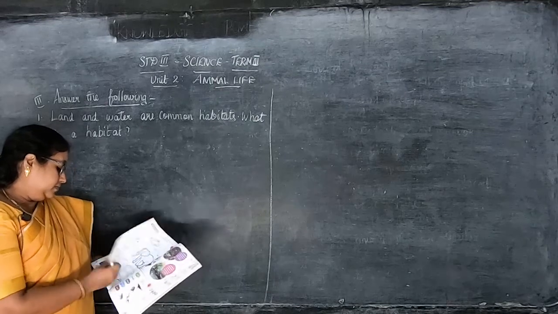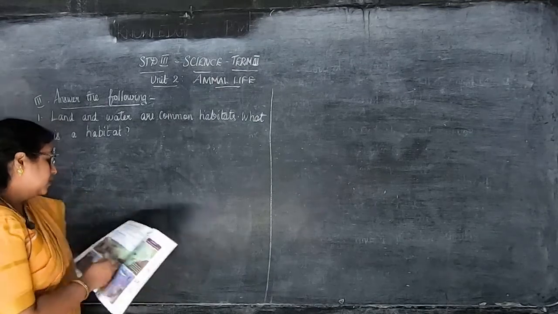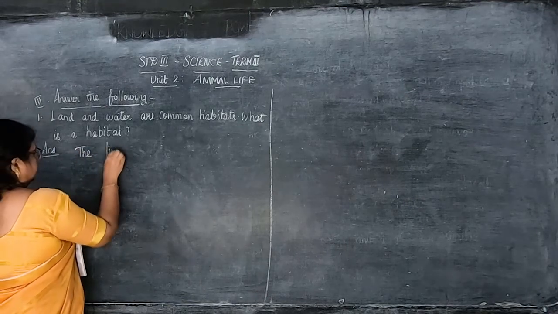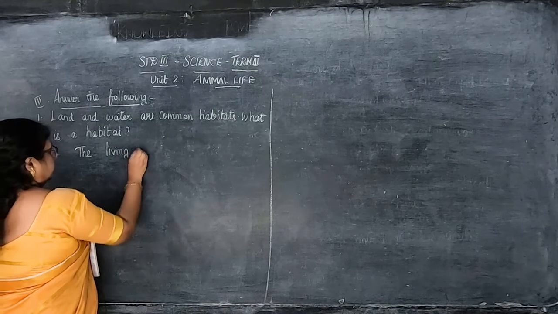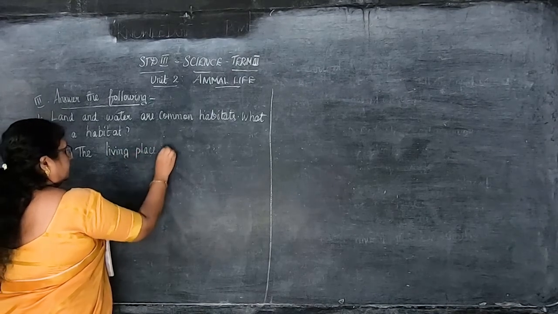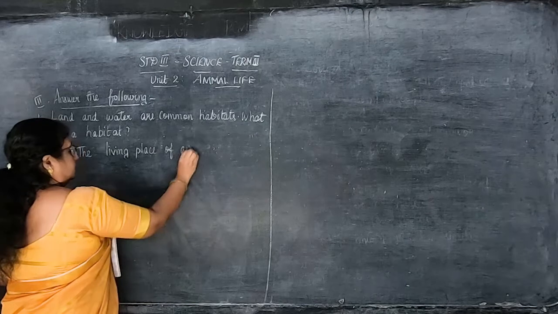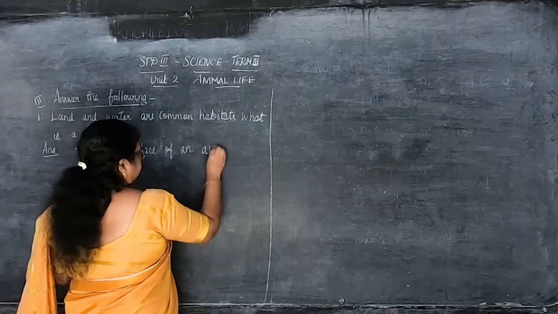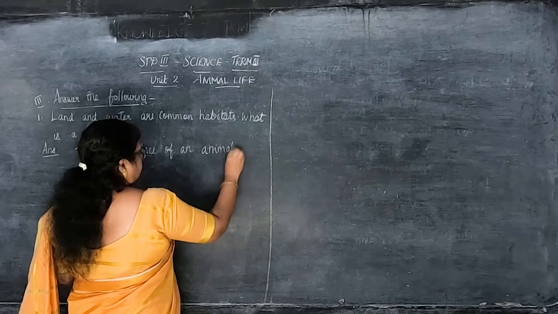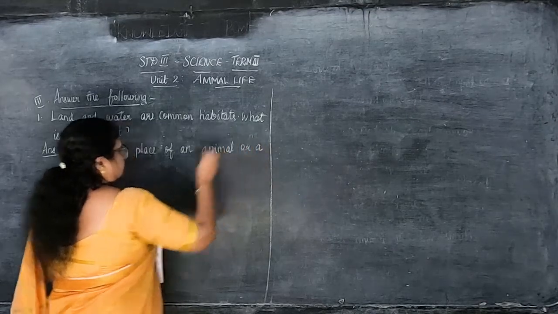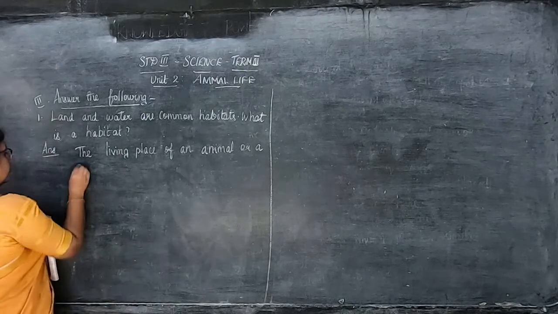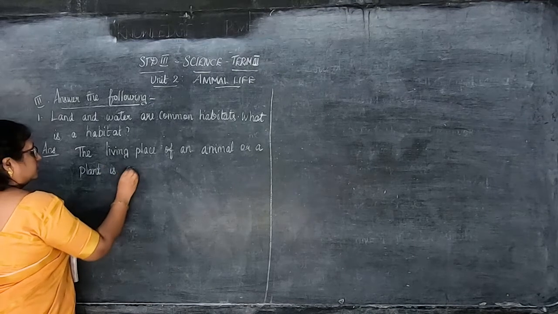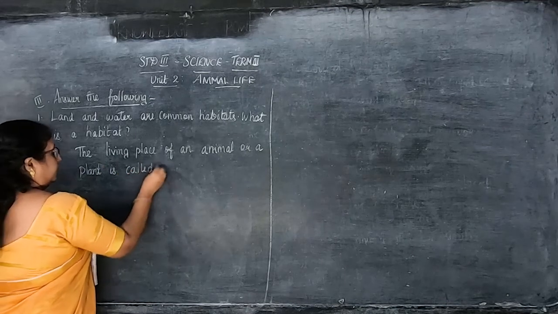Answer is the living place of an animal or a plant is called habitat.